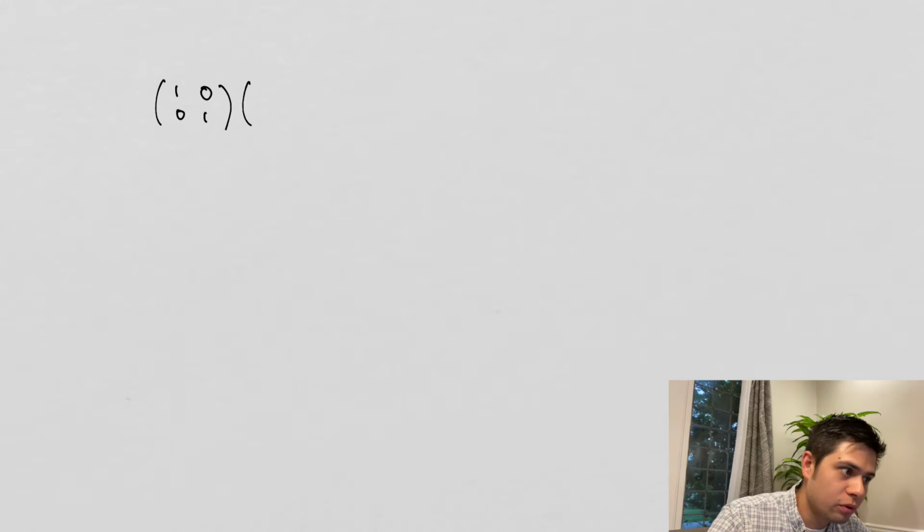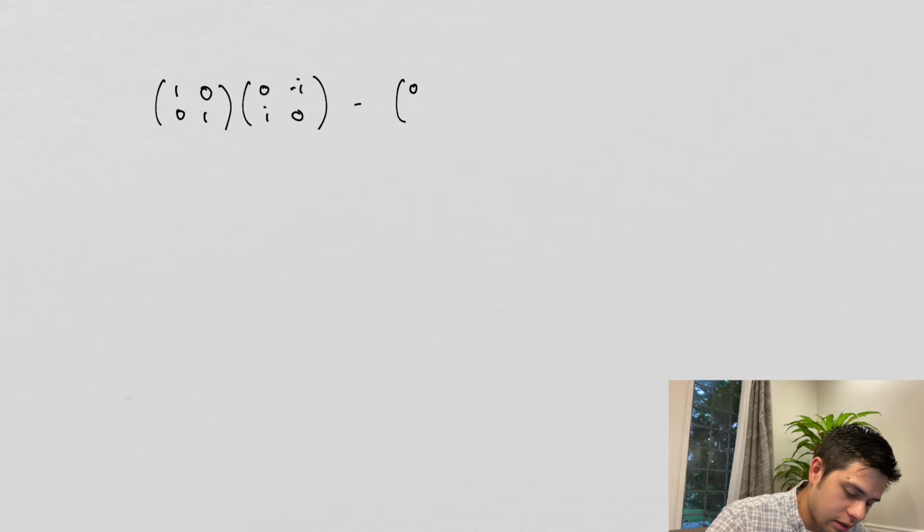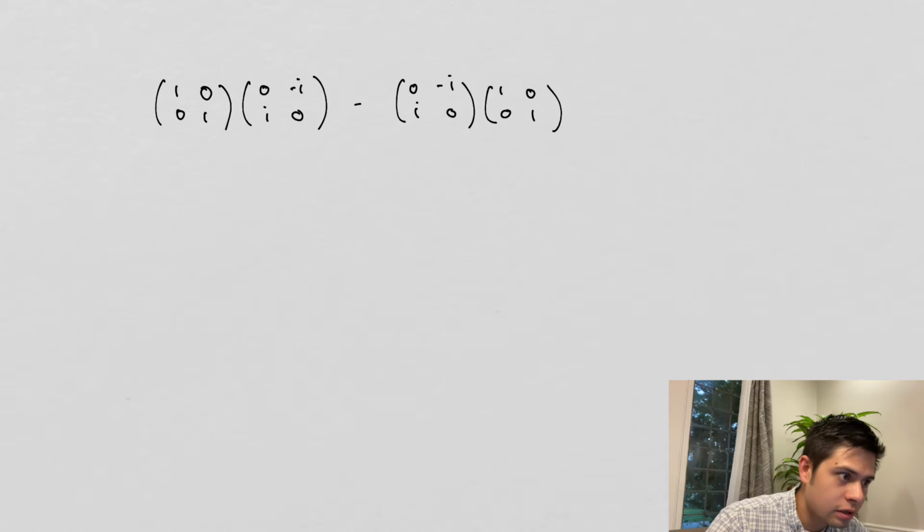If we want to take, for example, this matrix where we have just an identity matrix, and we can multiply it with, say, a matrix that looks like this. And then we take the difference between the ordering. So we just reverse the order of these two matrices.